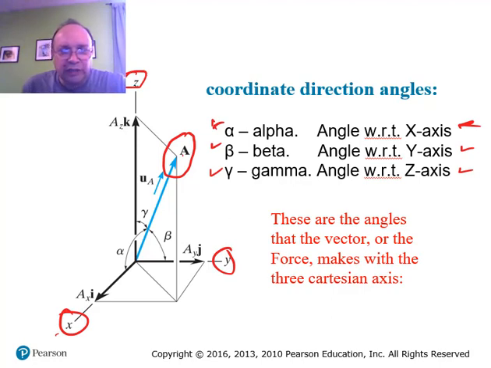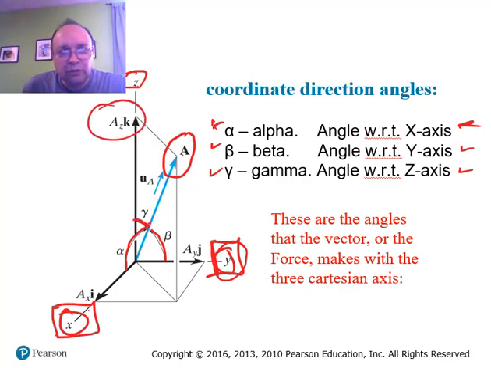So look here, the angle alpha goes from the vector to the x-axis, the beta angle from the vector to the y-axis, and the gamma from the vector to the z-axis. Alpha, beta, and gamma. Angles with respect to the coordinate axes x, y, and z.